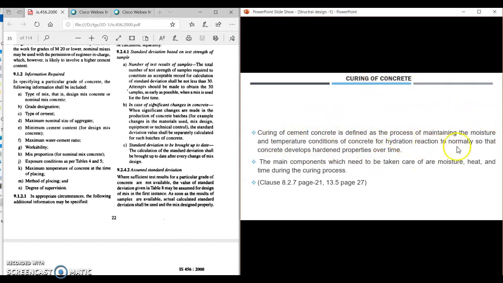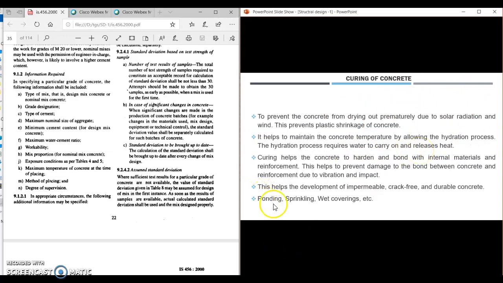The curing can be done by the ponding method, sprinkling, or wet covering. And this curing prevents the plastic shrinkage of the concrete. Due to the hydration process, the concrete temperature increases, so the water needed for hydration can be replenished by this.